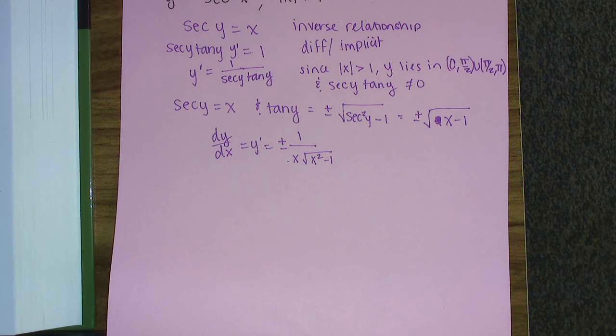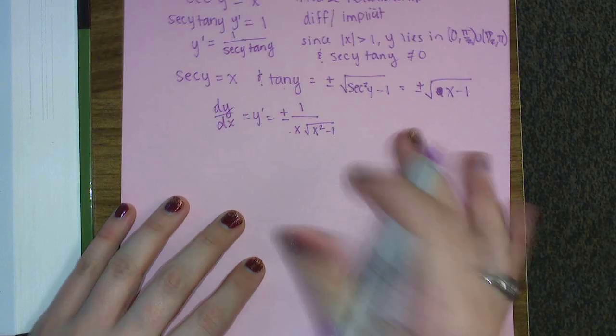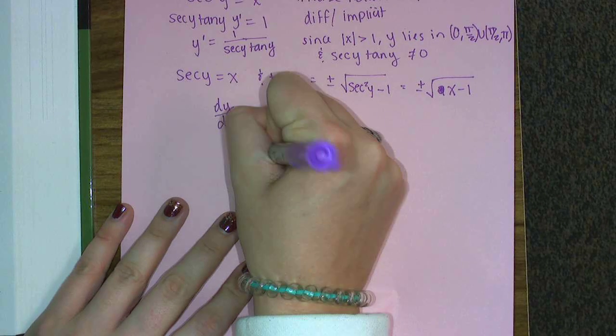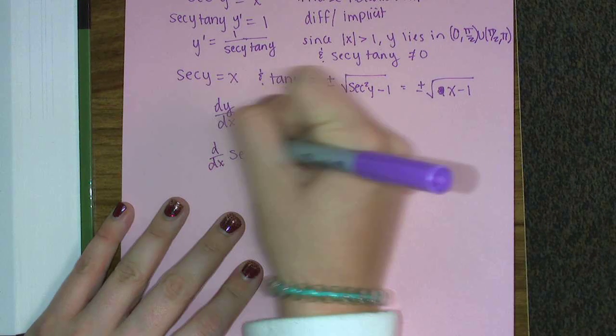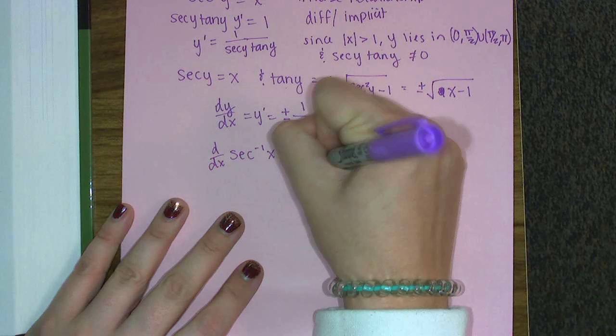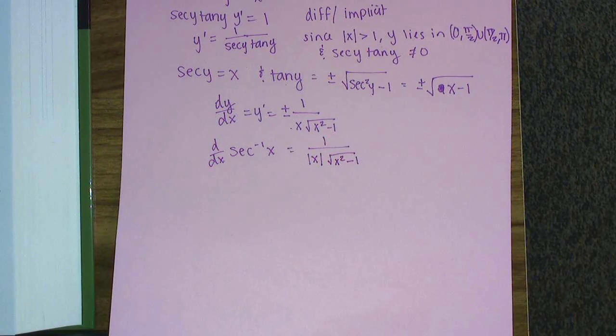So in order to take care of that plus or minus, to not have to deal with it, we are going to say that the derivative of the arc secant is equal to 1 over the absolute value of x times the square root of x squared minus 1. So by putting that x in the absolute value bars, that takes care of the plus and minus option.